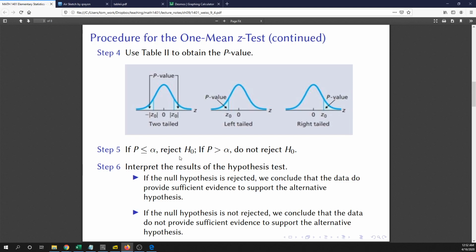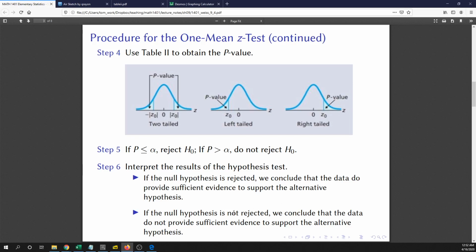All right, and again, there's two cases. Case 1, you rejected the null hypothesis, right? The conclusion is going to be that the data do provide sufficient evidence to support whatever the alternative hypothesis is. In other words, if we reject the null hypothesis, the data has sufficient evidence to support that the alternative hypothesis is true.